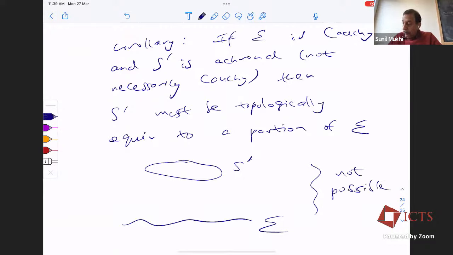If there were any a-chronal S prime, it has to be topologically equivalent to a portion of any other Cauchy surface. This is not possible.